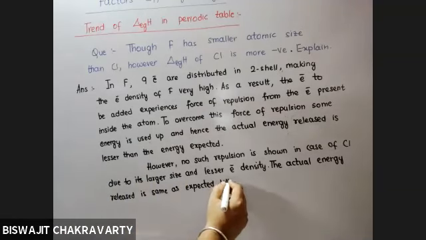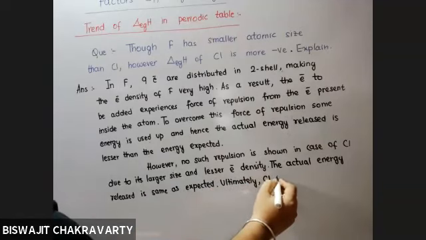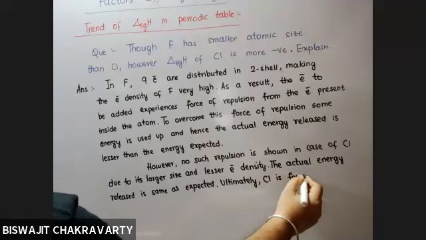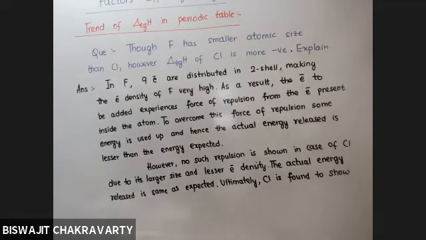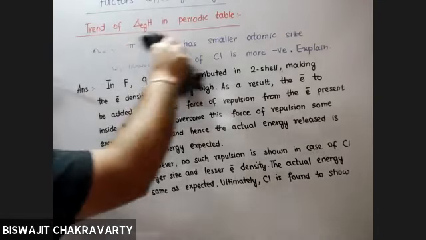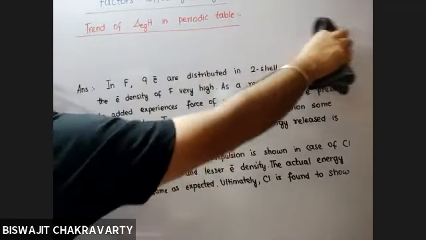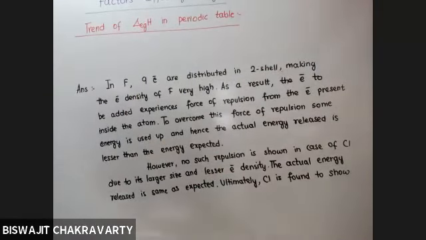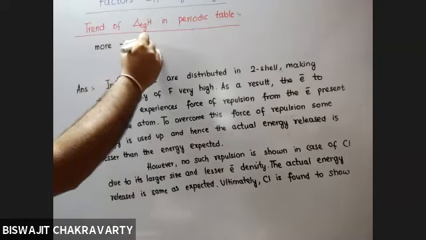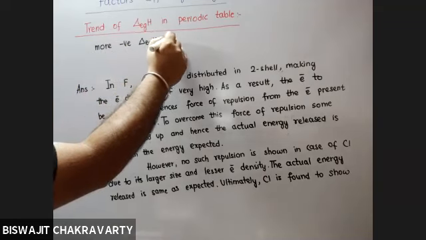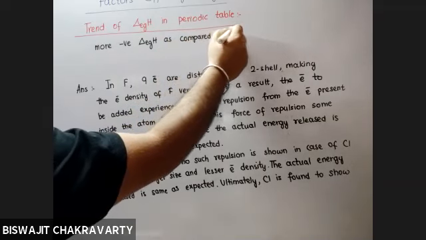Ultimately, chlorine is found to show more negative delta EGH as compared to fluorine.